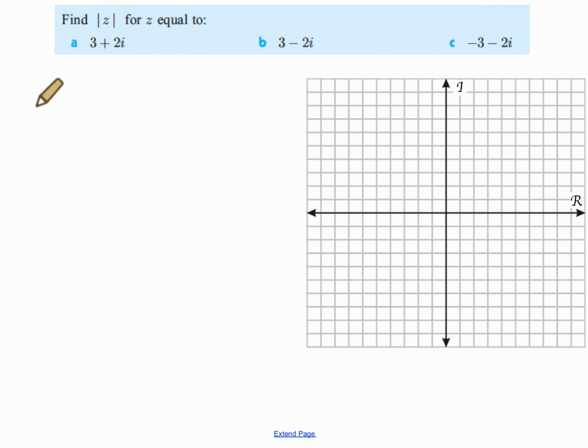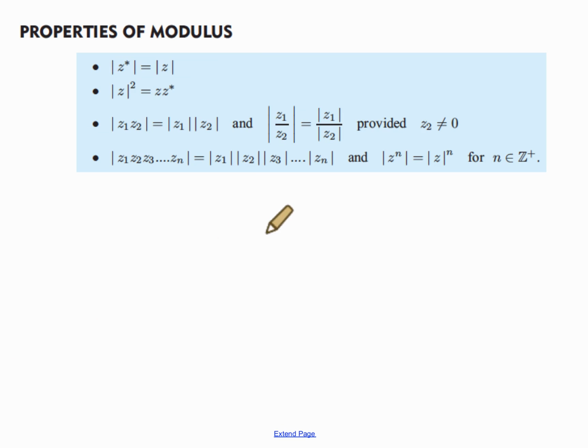Well, it's going to be the same as what we just did, square root of 3 squared plus 2 squared, a squared plus b squared, right, is 9 and 4 is 13. And if we just graph those real quick, 3 plus 2i, 3 minus 2i, and negative 3 minus 2i, clearly you can see all those distances are the same from the origin. Sorry about the sloppiness of the diagram.